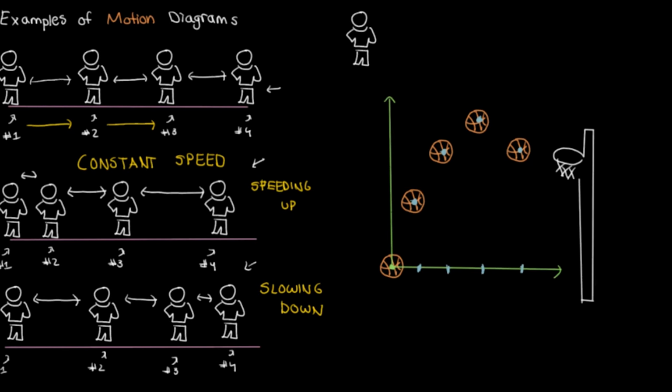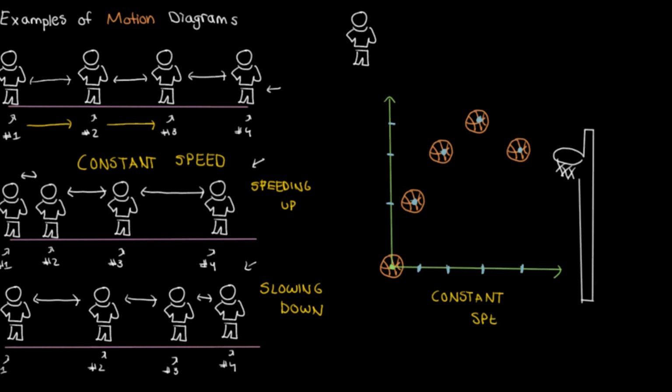But now let's look at the vertical direction. If we map it, we get here, then here, and then here. You can see that this is a lot of distance from the first frame to the second frame, but then it gets to a smaller distance and then a smaller distance. So on the x direction, because they're equal distances between frames, it's traveling at a constant speed, right?